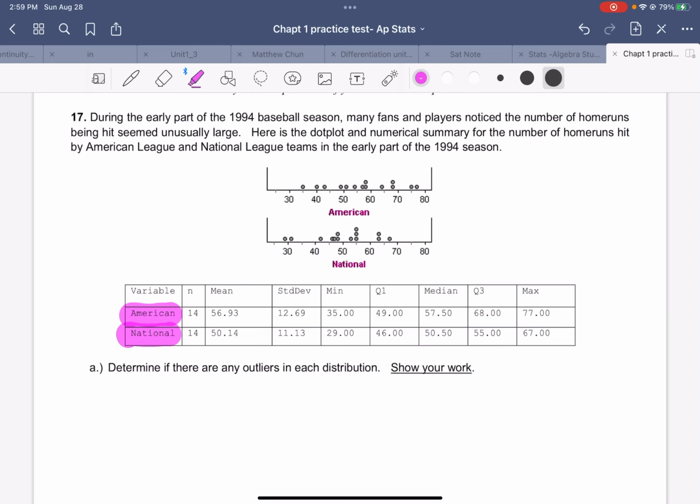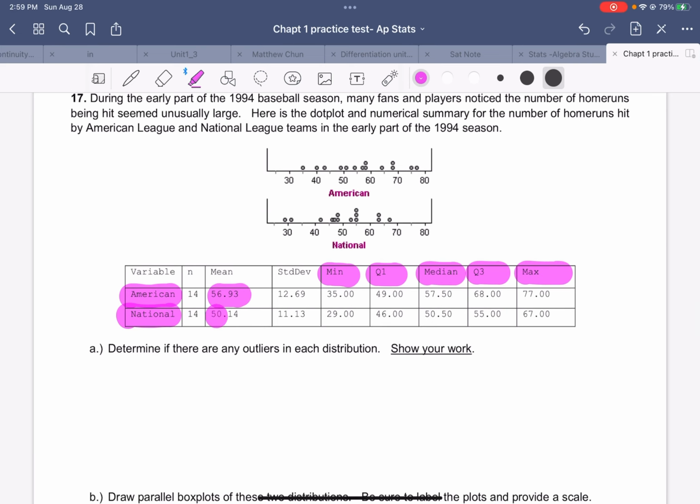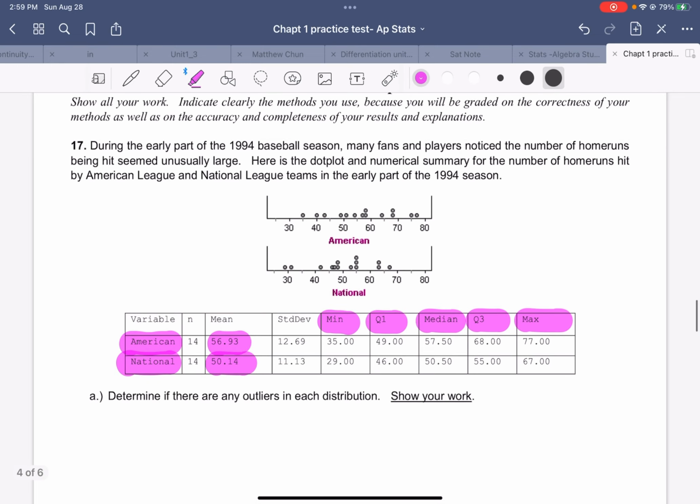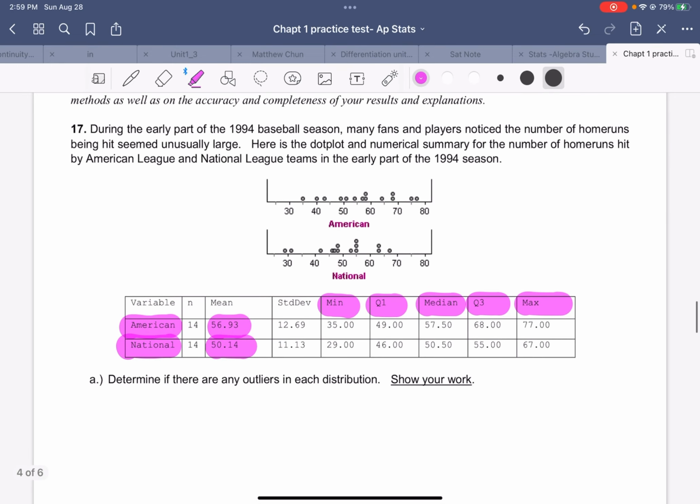You can see 5 numbers here: minimum, first quartile, median, third quartile, max. Those are the 5 number summary, and they also give you the mean. And the number of data is 14 for each one.